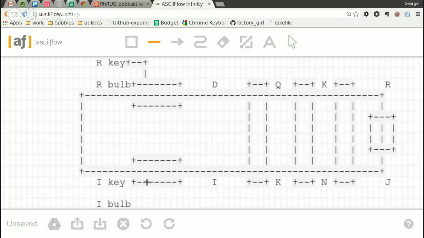And from this point, your plug board is now connected to your I bulb.